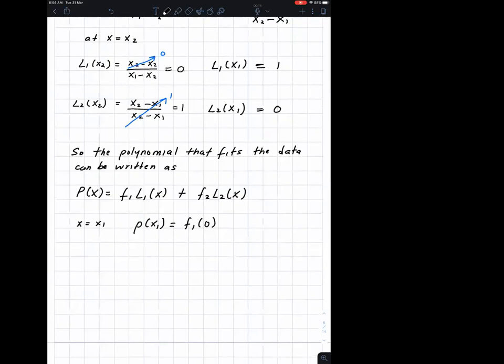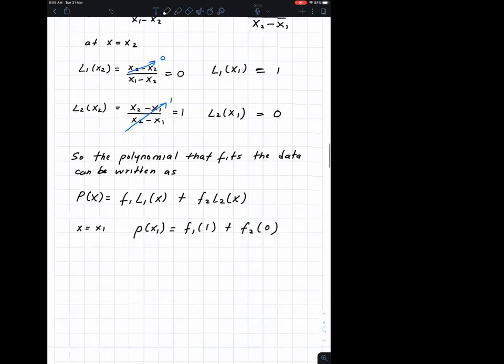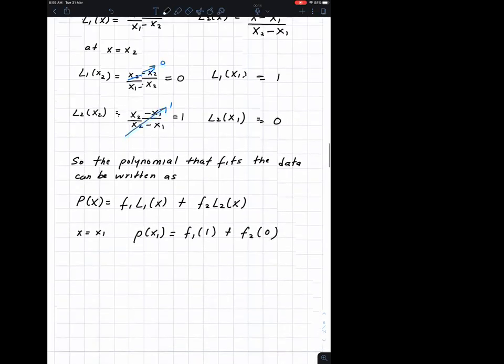F1 multiplied by 0 plus F2, sorry, not 0, F1 multiplied by 1, plus F2 multiplied by 0. L1 x1, you know from here, remember?